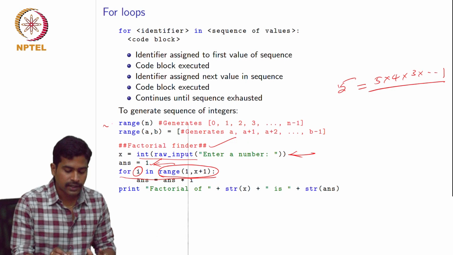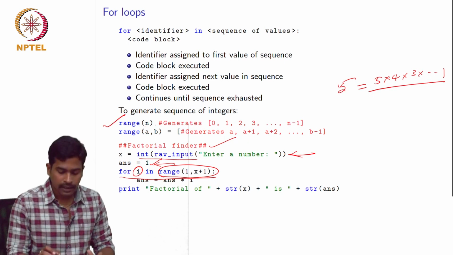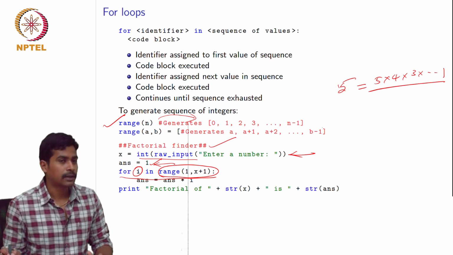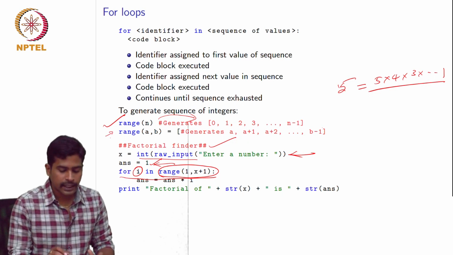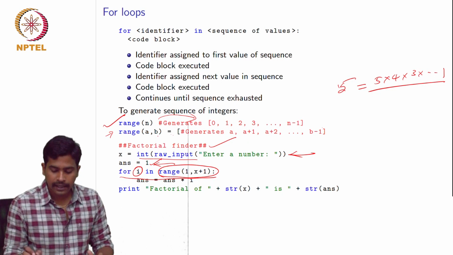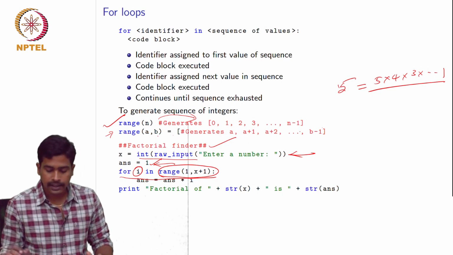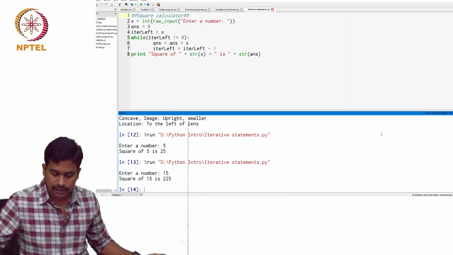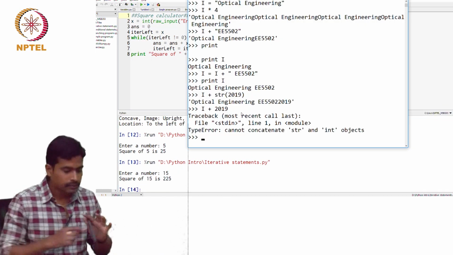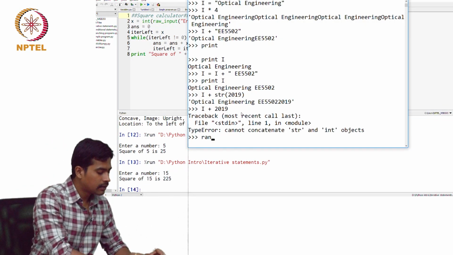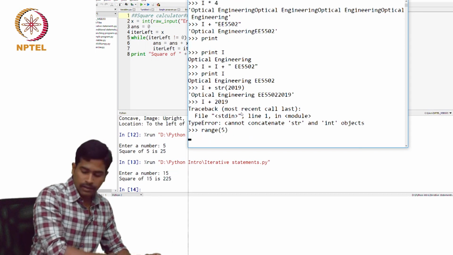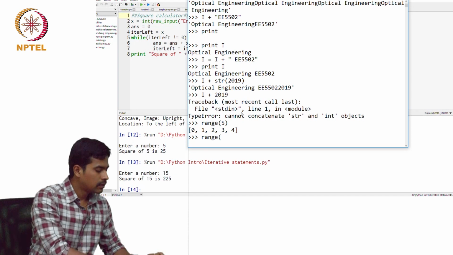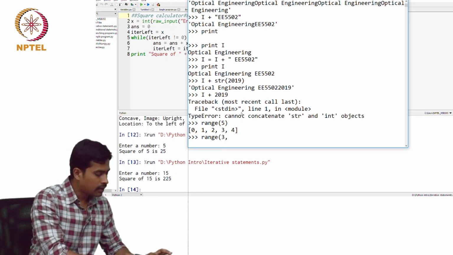What this range function does is, if you say range of n, it will generate a list of values from 0 to n minus 1. Similarly, if you say range of a comma b, it will generate a series of integers from a to b minus 1. To verify this, let us go back to our Python shell. This is an inbuilt command, range of 5. The output is going to be 0 to 4, not 5. Then 3 comma 6.